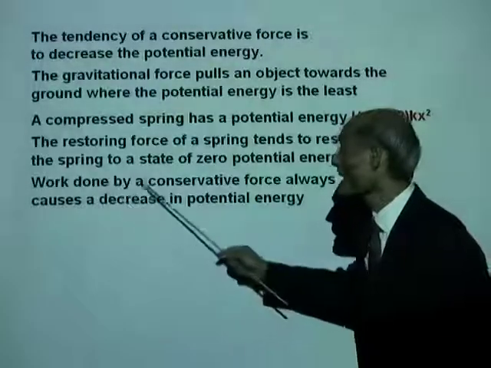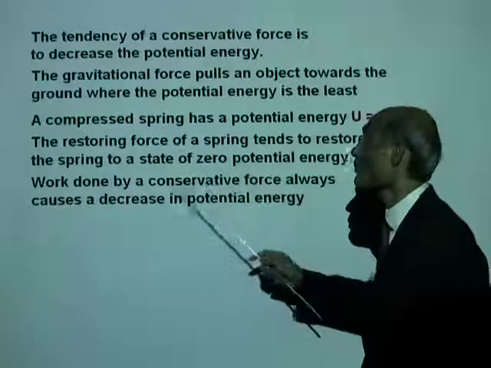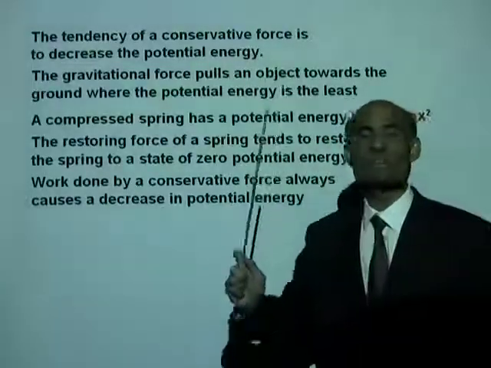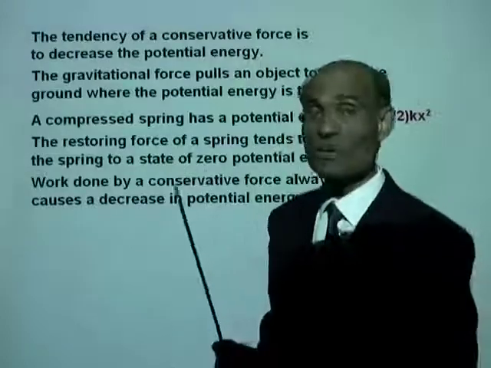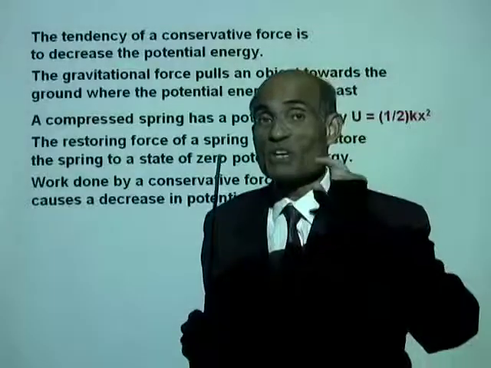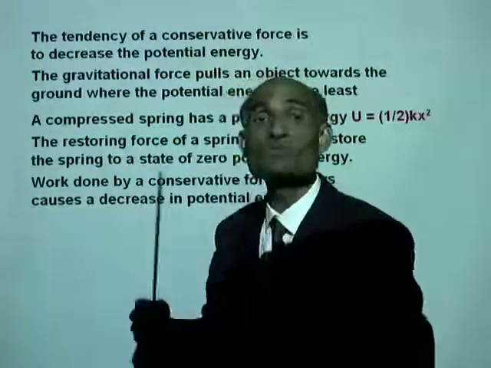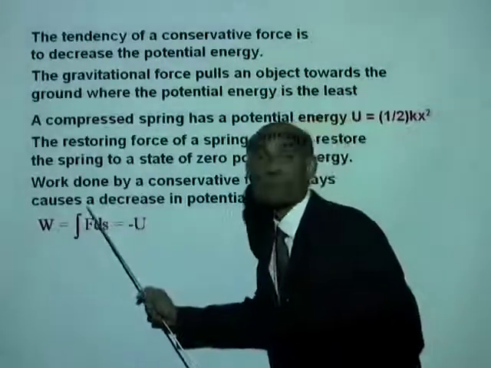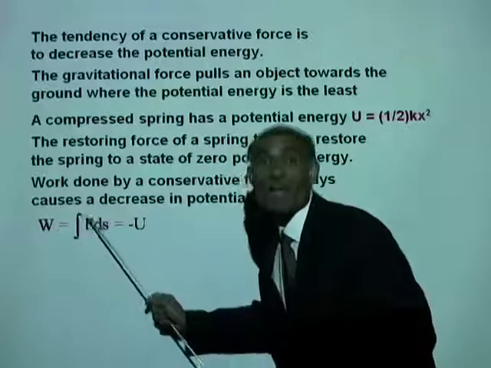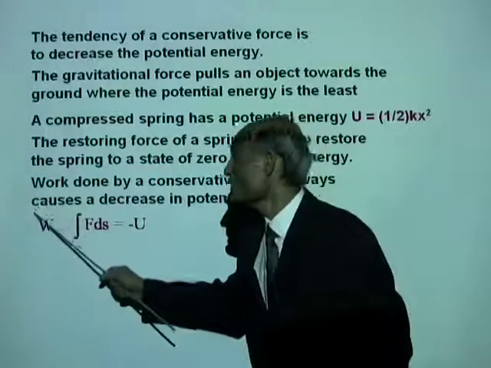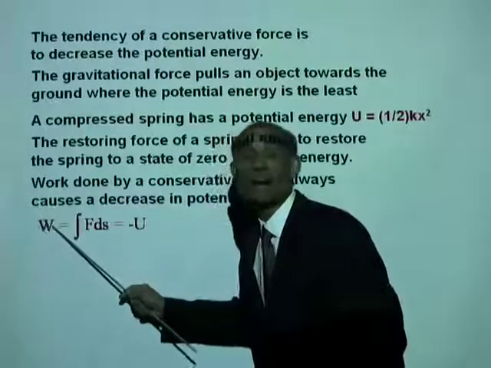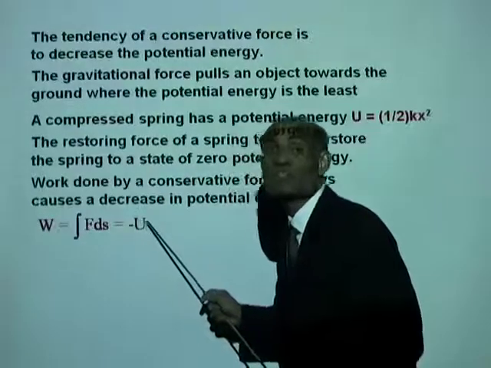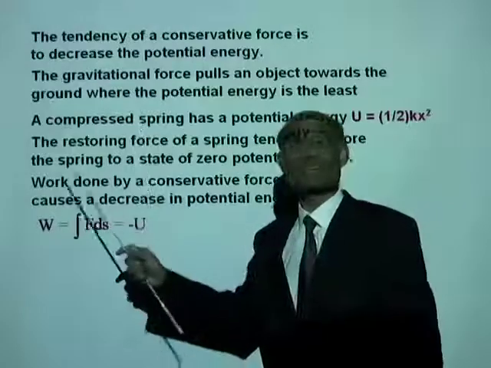Therefore, work done by a conservative force always causes a decrease in potential energy. And whenever you want to denote a decrease, we will use a negative sign. Is that right? So, if W is the work done by a conservative force, its tendency is to decrease the potential energy.